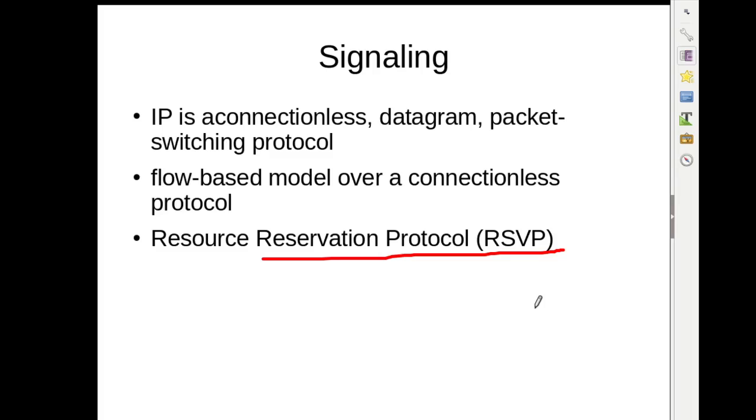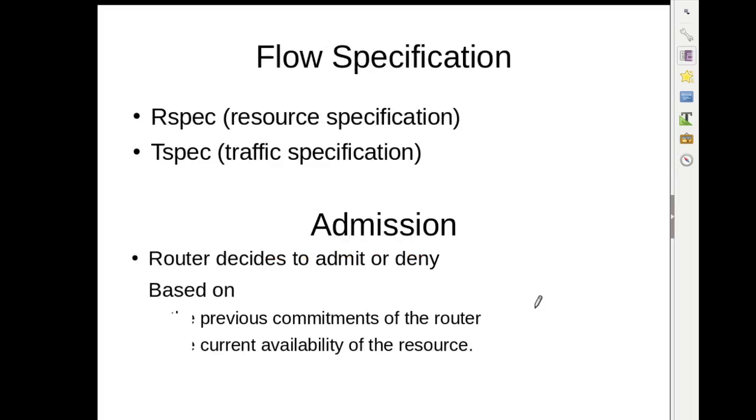Then let me tell you about flow specification. When a source makes a reservation, it needs to define a flow specification. A flow specification has two parts. One is the resource specification and the other is the traffic specification.